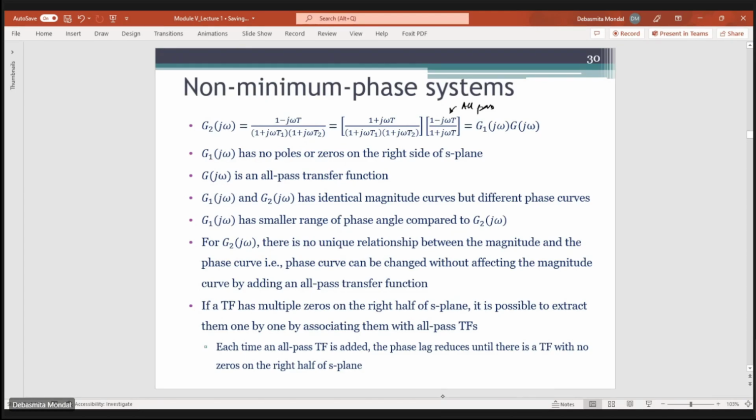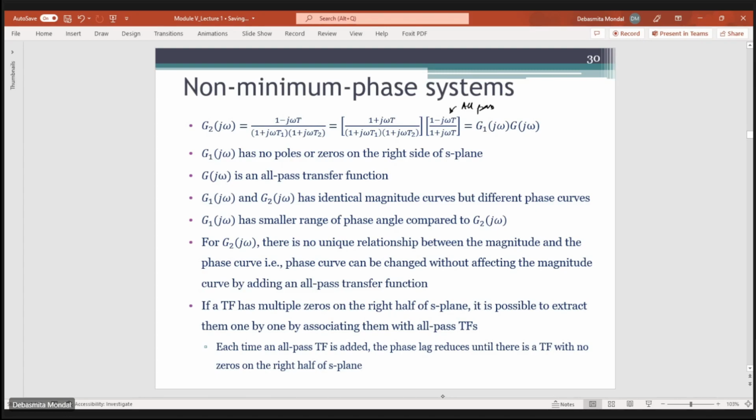We can extract the minimum phase system from a non-minimum phase system by shifting each pole and zero, one at a time, from the right half S-plane to the left half of the S-plane.